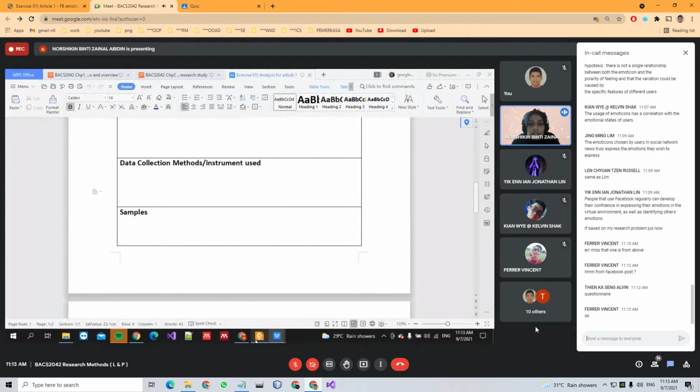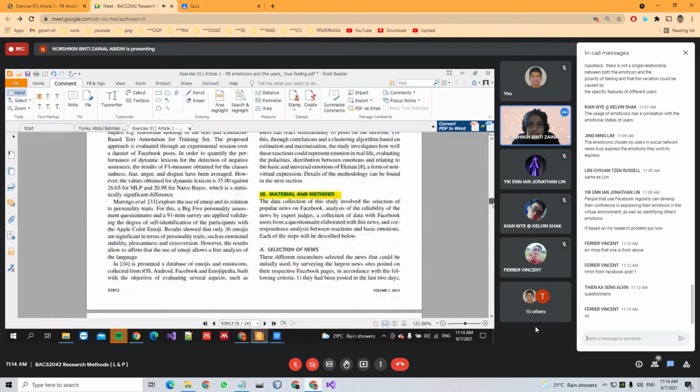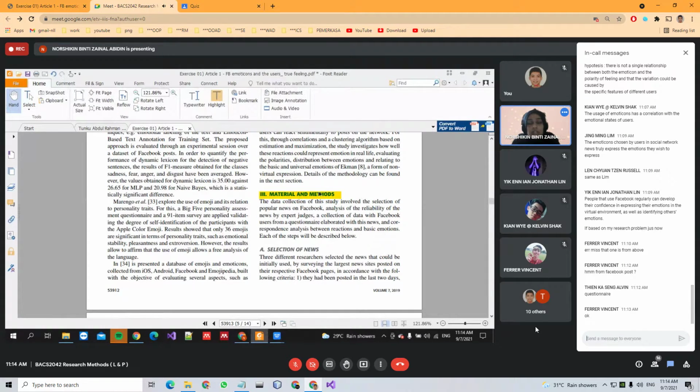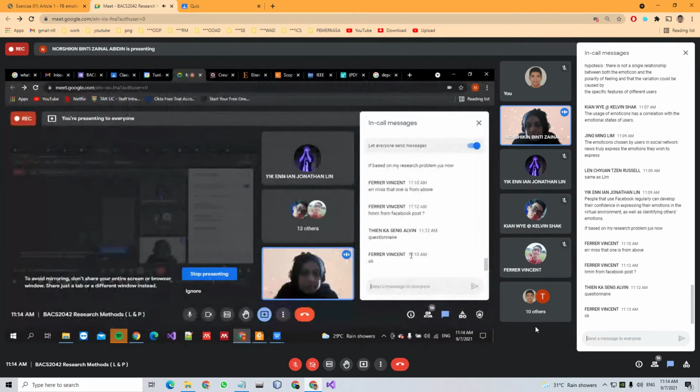Do you guys understand? This paper is quite straightforward because they already write here material and method to analyze your data and the material needed for your research. So that's how you write your data collection. Questionnaire, yes, questionnaire is what I said just now, instrument.